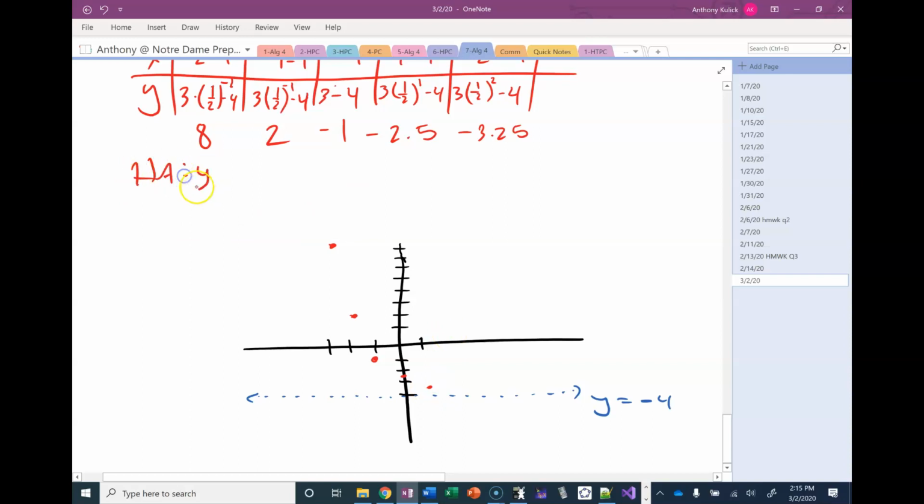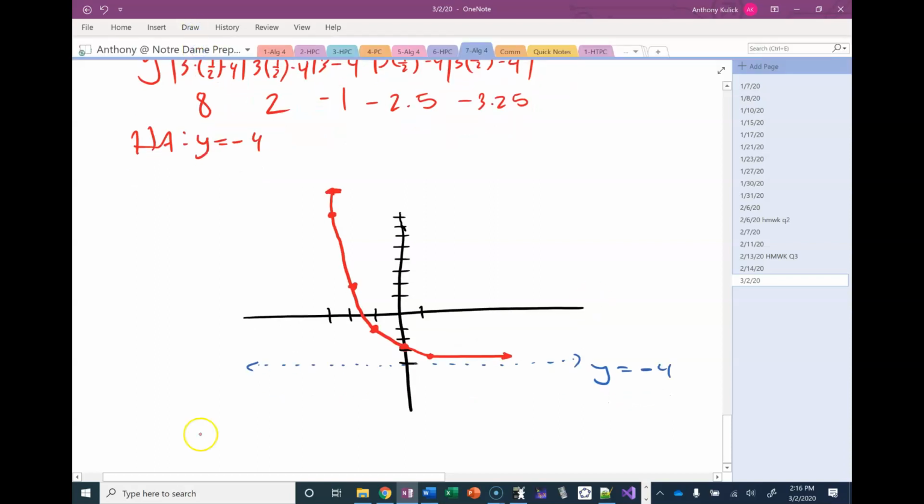That up here. Everybody happy with our picture here?